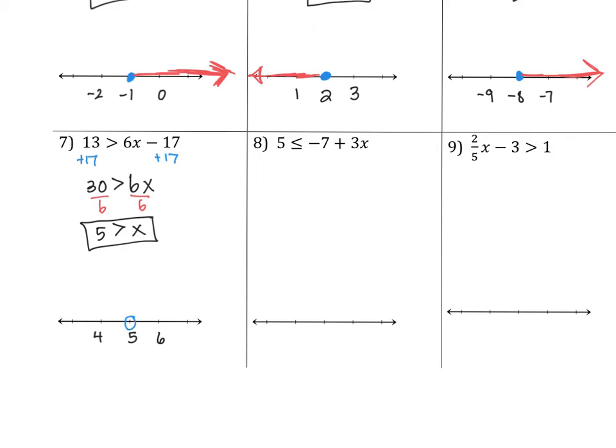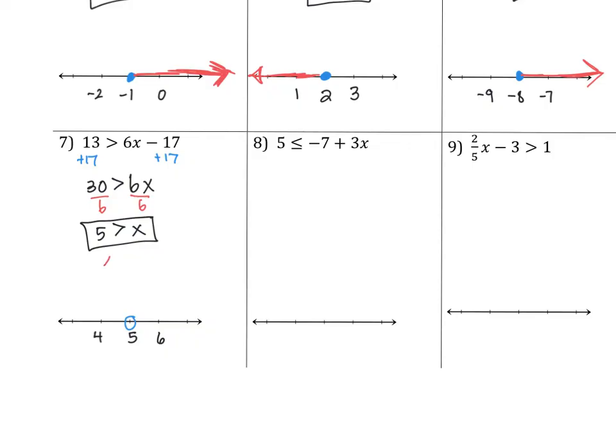Okay, now there's a couple ways to think about this. It says I want to shade the values so that 5 is greater than all the values I shade. So 5 is higher than my shaded side. Okay, so that means I'm going to shade towards the 4. If you don't like it in this order, I can switch the order of this because normally the variable comes first.